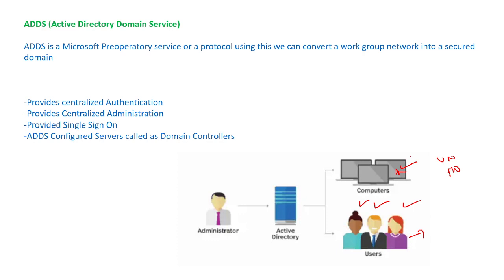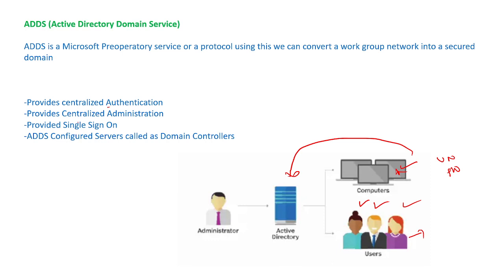That username and password will be sent to the Active Directory domain controller. There it will verify whether the entered username is correct and the password is correct. If the password is correct and the user is present, then the authentication is done at the Active Directory.